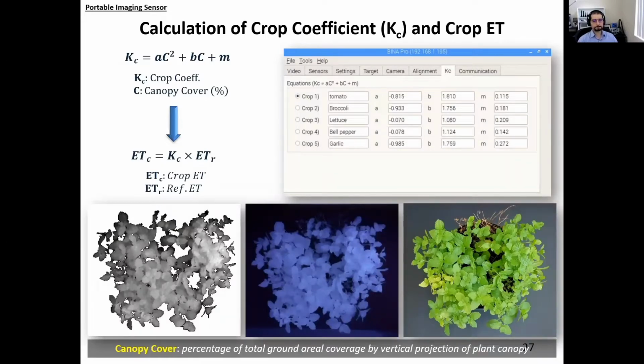So if we have the correct model that relates canopy cover to the crop coefficient, we can calculate the crop coefficient and then use it to calculate crop evapotranspiration. We can calculate ETo, or reference ET, using the microclimate data that we have collected. And again, what I mean is that the imager is doing all the work for us.